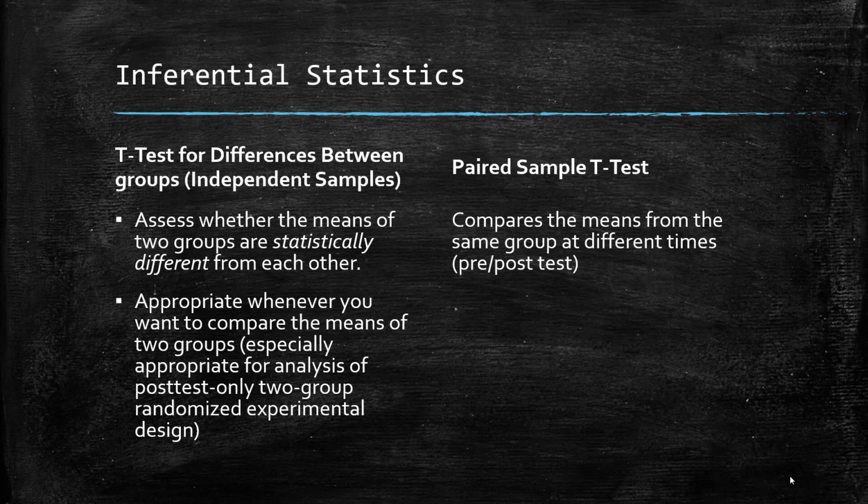So if I use the paired sample t-test, I'm actually using it on one group at two different points in time. If I'm using the t-test for differences between groups, I have two groups on one measure that I'm comparing them. So you have to think about that when you're choosing which test to run. Am I looking at one group at two different times, or am I looking at two groups on the same measure?